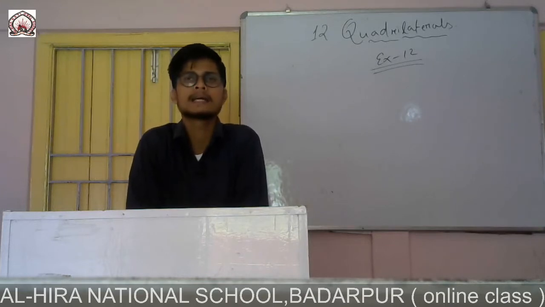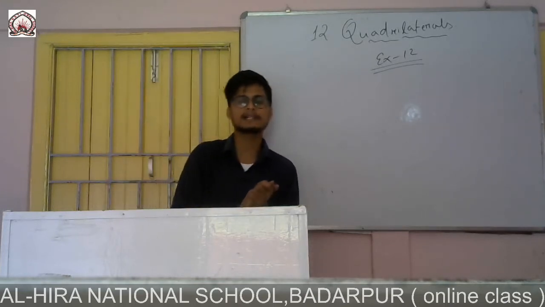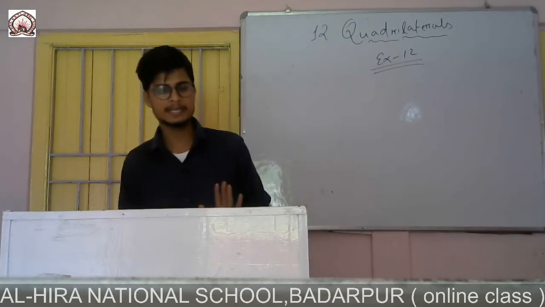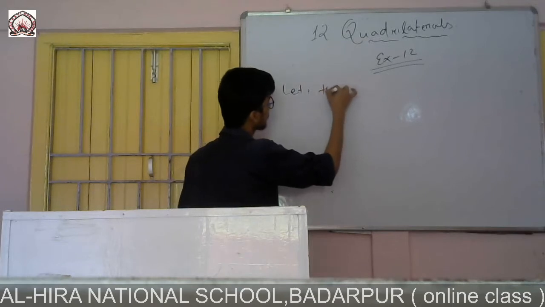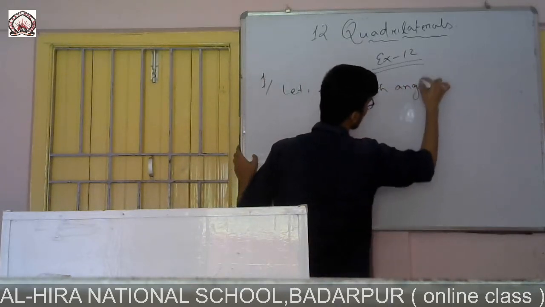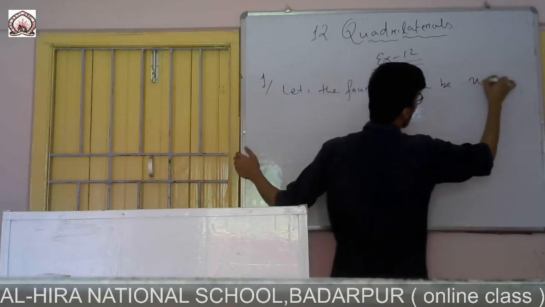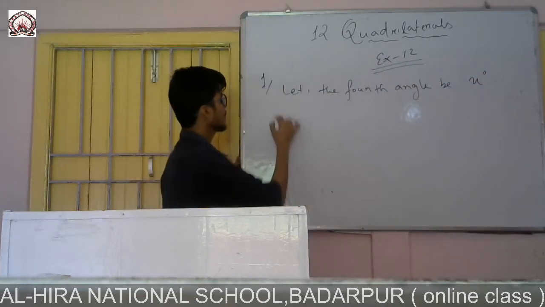So three angles are given. We know that the sum of all the four angles is equal to 360 degrees. So let the fourth angle be x degrees.